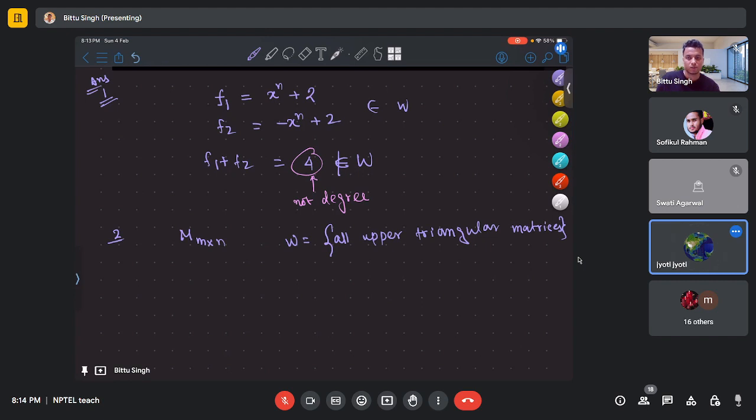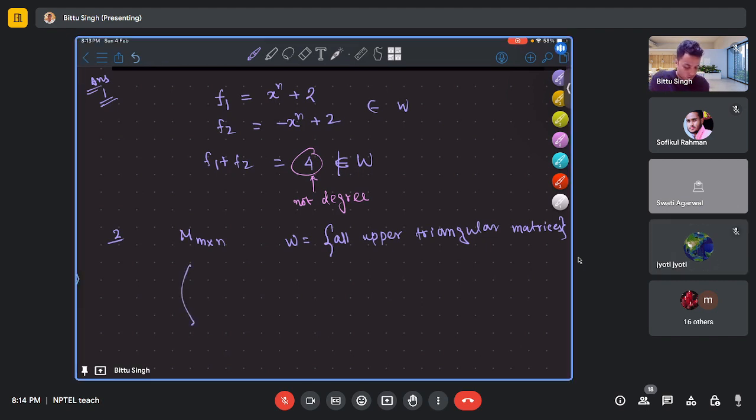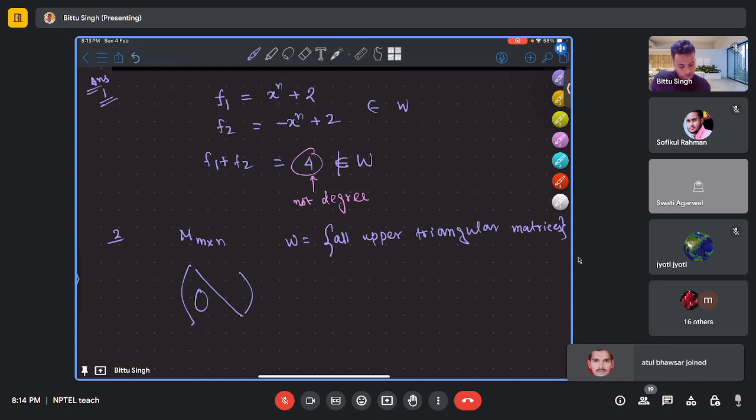Yes, sir, let us see. What you are saying is true. Upper triangular means below the diagonal everything will be 0, and there will be some terms a11 up to a1n. Similarly, it will be a21 then a2n, and the last entry will be a(m,n).